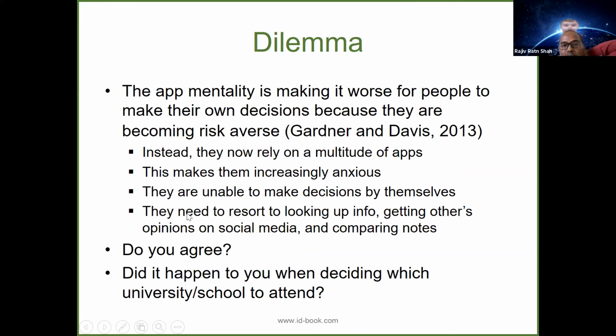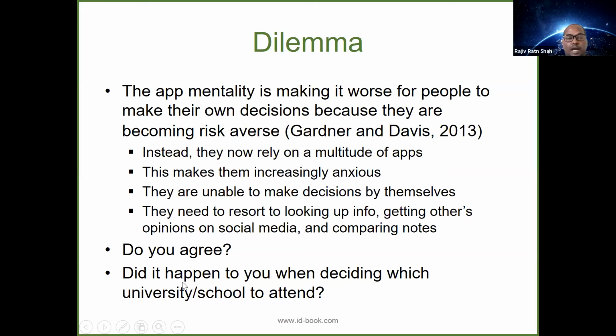Similarly, they resort to looking into info, getting others' opinions on social media, and comparing notes. For example, if you buy some item, what information should your app provide? Can it help in comparing the different notes? Can it help you in comparing different features, price, and other stuff?